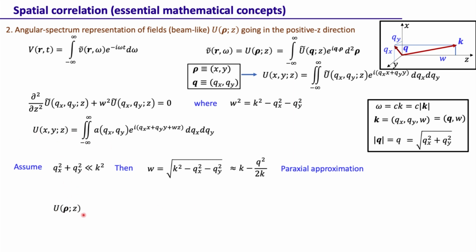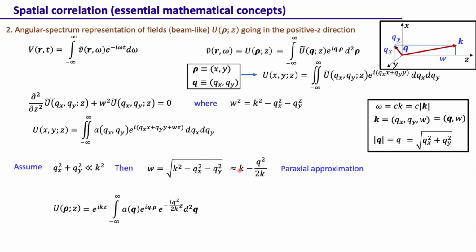Okay, so within this approximation, we can write this u x y z. Now I am writing this in a two-dimensional way. So x y I am writing as rho, z is z, and then on this side a q x q y I am writing as a q, e to the i q x x plus q y y I am writing as e to the i q dot rho, and this w z, this w we are writing as k minus q square by 2k.